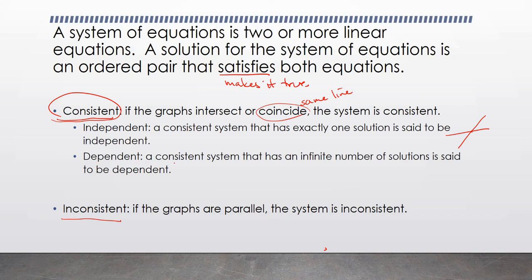A consistent system that has an infinite number of solutions is said to be dependent. So two lines that touch, but they are exactly the same, so every point on one line is also a point on the other line, is both consistent and dependent.